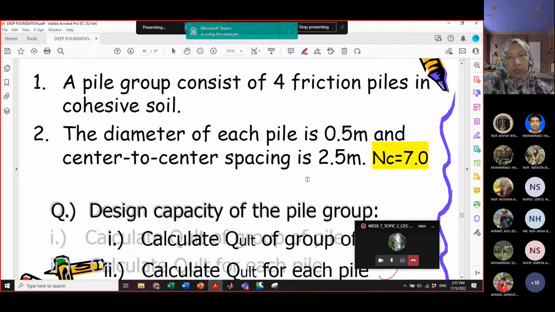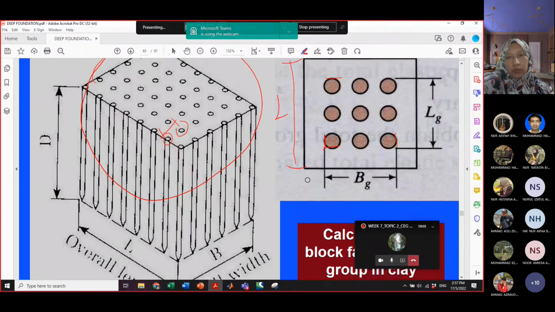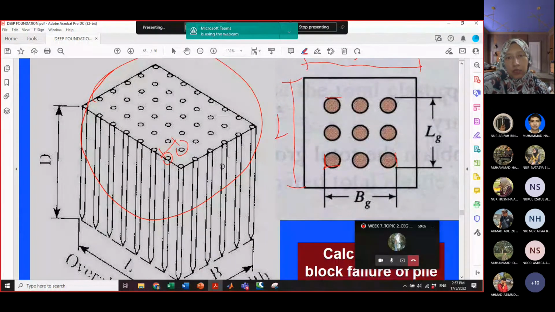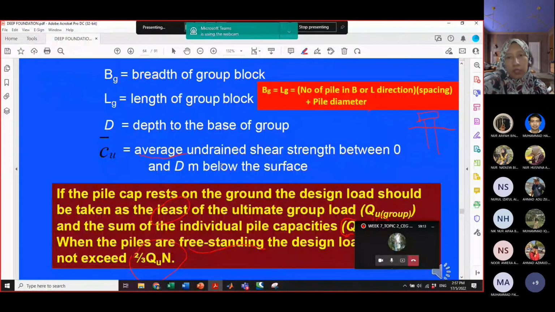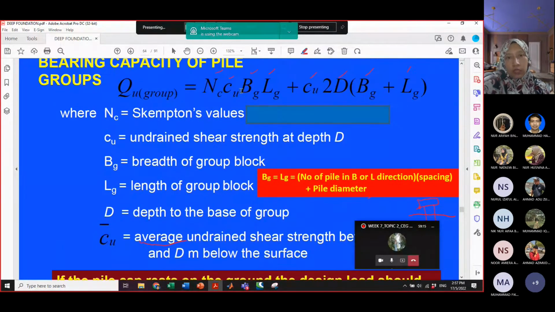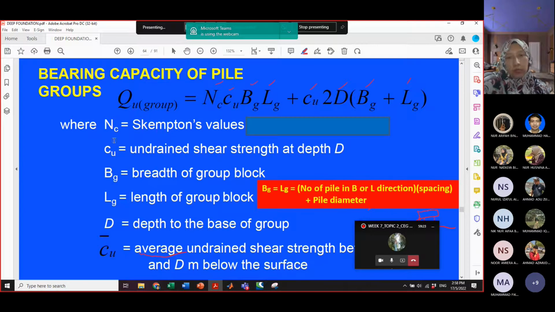Okay, dalam this part, first of all you have to estimate the individual single pile dulu, kemudian you akan dapatkan pile group ultimate bearing capacity through this formula. Kemudian you nak dapatkan dia punya efficiency, we can have from the equations lah. Kalau this kind pile group in clays, for example NC CU BG LG plus dengan CU 2D times BG LG.